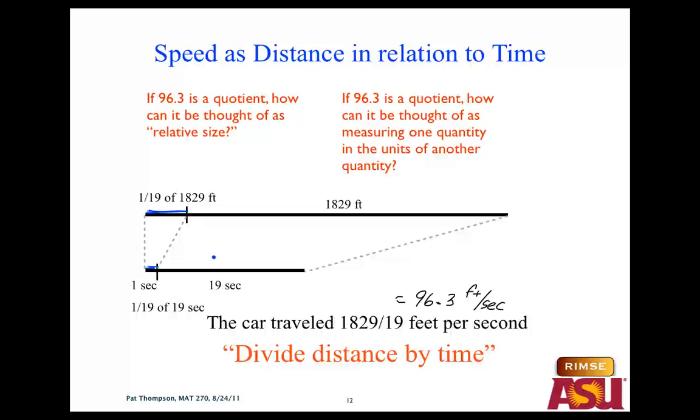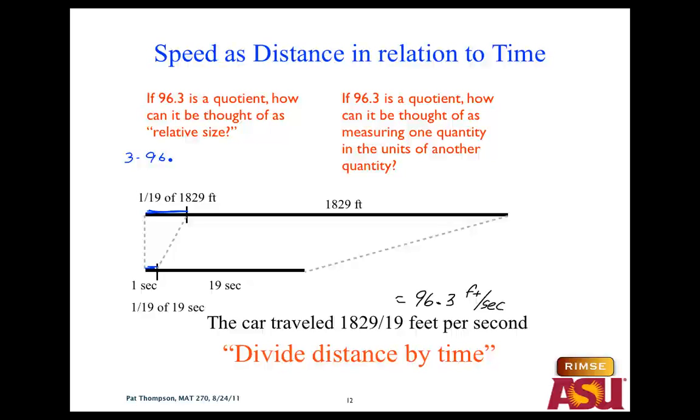With relative size, say if I want to go 3 seconds, all I have to do is multiply 3 times the 96.3. So that's why it's called the relative size, because you don't have to do the bar graphs anymore. All you have to do is multiply whatever seconds you're going by the figure you have.